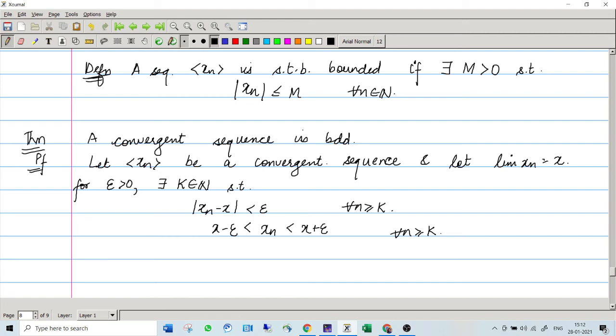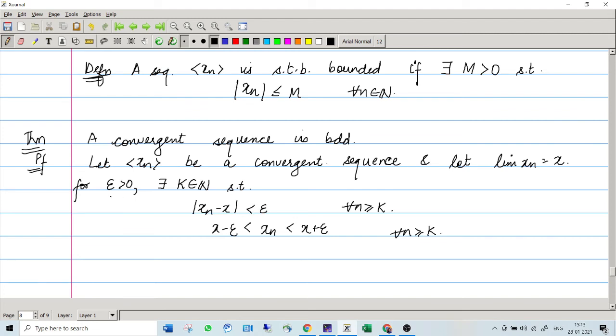If it is convergent, it will have some limit, let's say the limit was x. Then we just apply the definition: for every epsilon greater than 0, we can find a natural number k such that after that number k, the distance xn minus x would be less than epsilon.